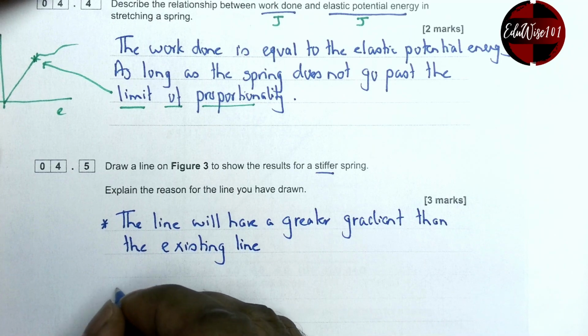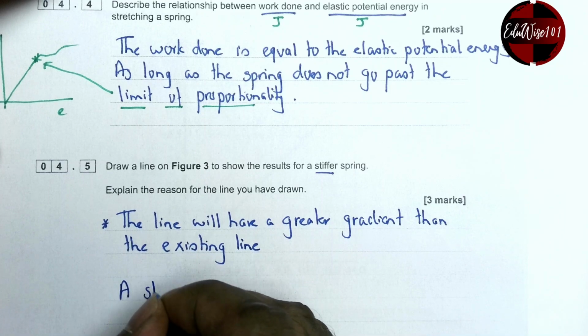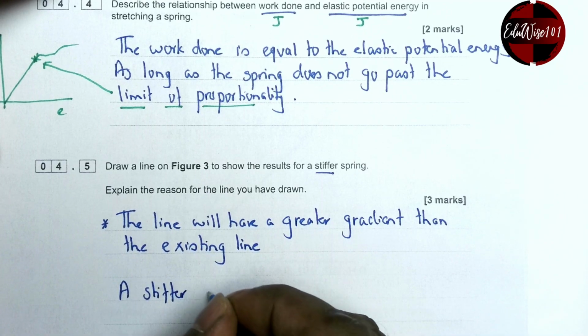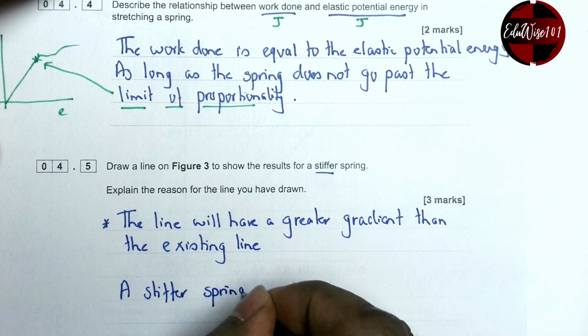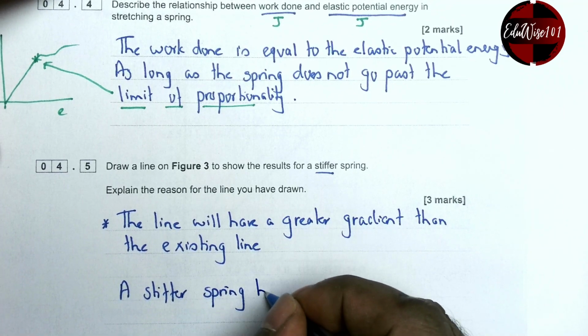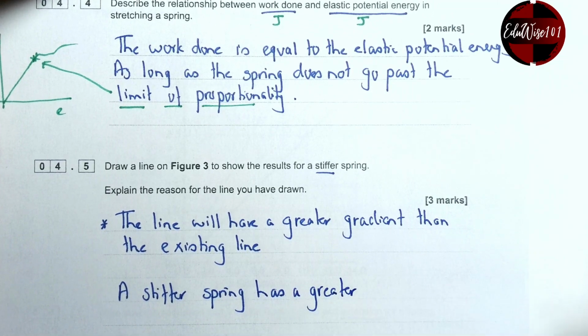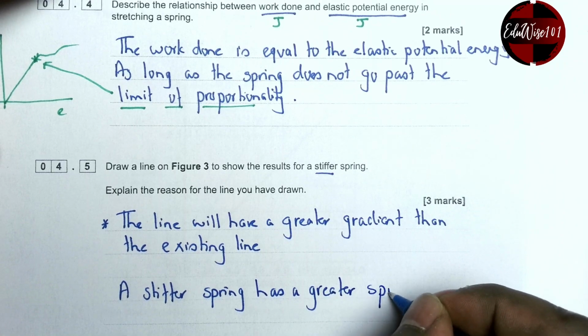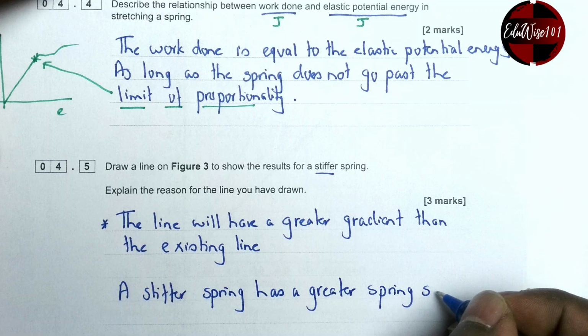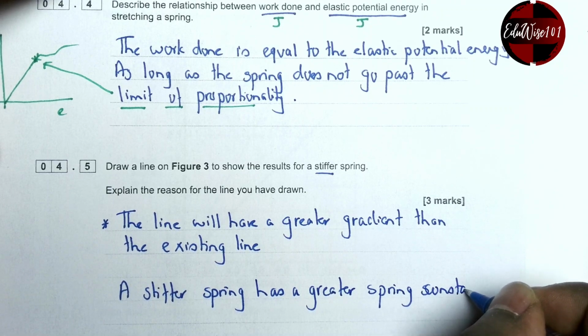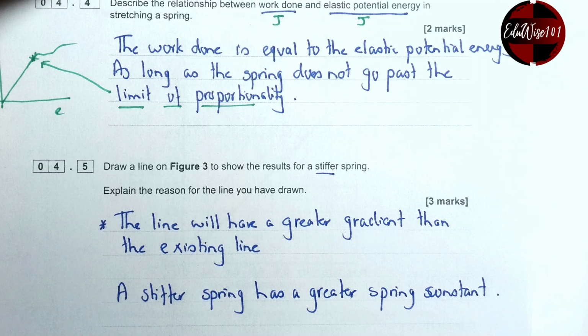The reason is a stiffer spring has a greater spring constant.